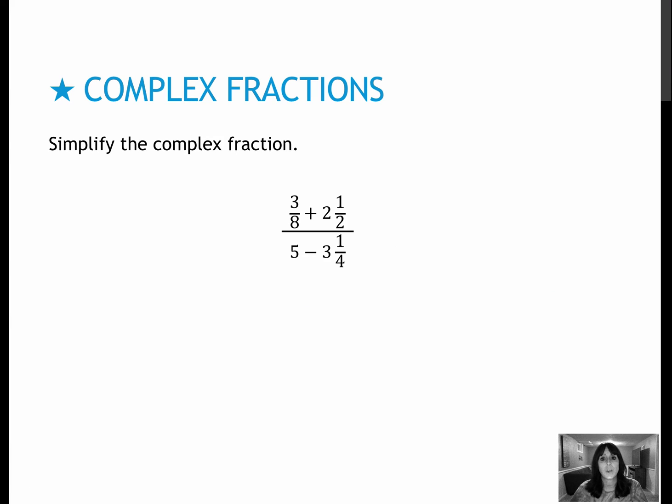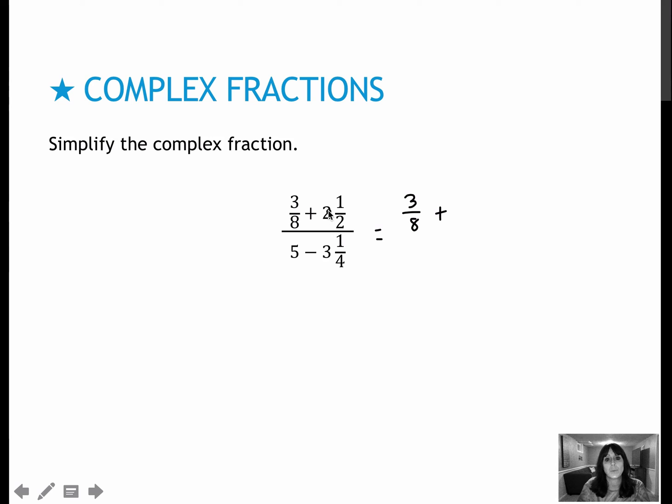Here's one for you to try on your own. So press pause, do the question, then press play to see how you did. Again, you could choose any method you want here. I'm going to use that shortcut that I showed you in the very last example, but before I do that, I want to rewrite this so that everything is an improper fraction.